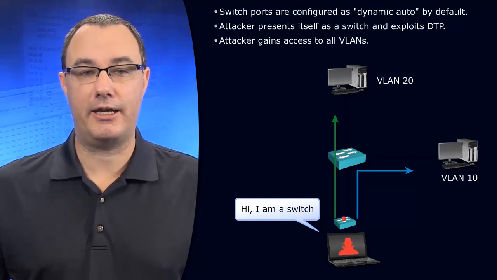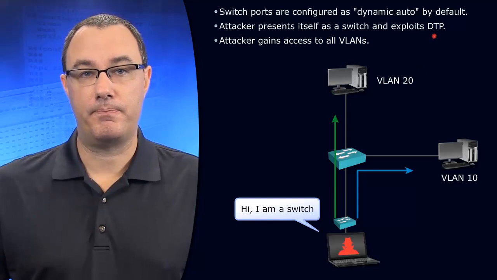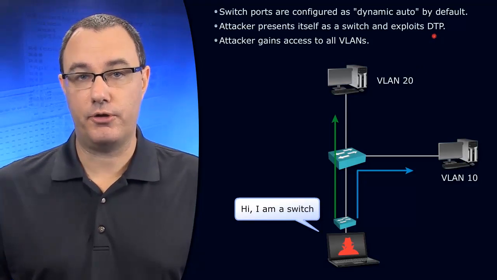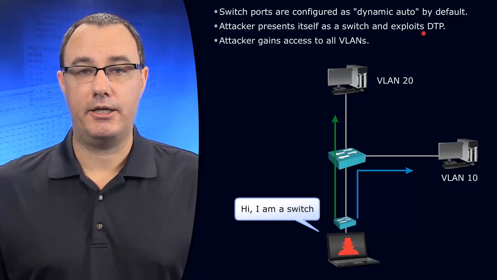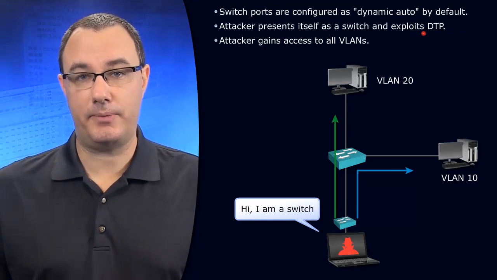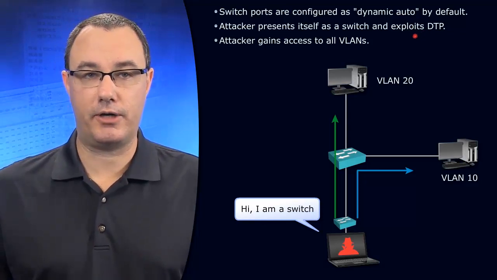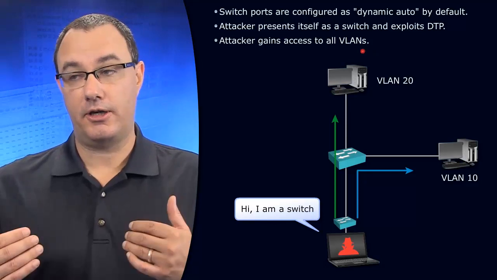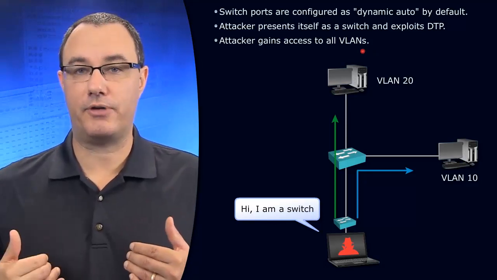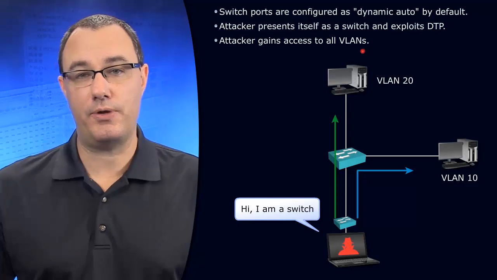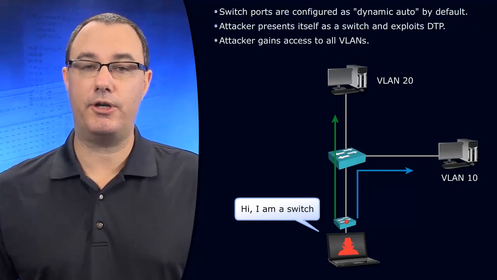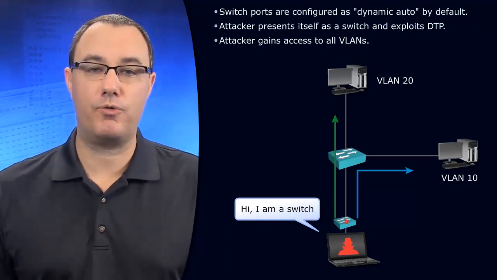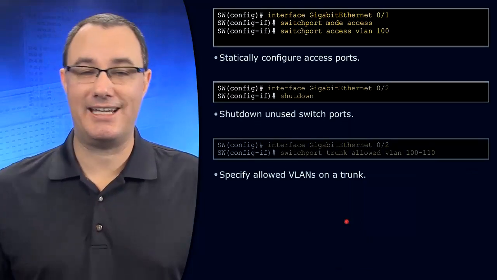If this hacker can, by way of connecting to our infrastructure, dynamically form a trunk because our infrastructure is set to DTP auto or dynamic auto, if they can figure out our VTP domain, they can easily trunk to our environment and capture all traffic, or at least capture broadcast traffic and traffic that is flooded down to that place. And they can also spoof MAC addresses to increase the likelihood that they're going to be capturing traffic for their VLAN. So how do we protect against this?